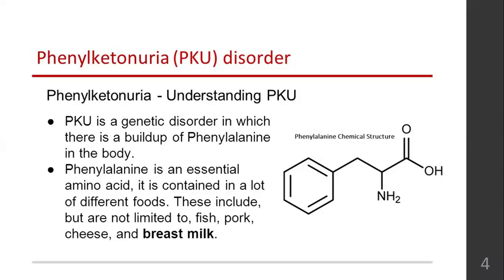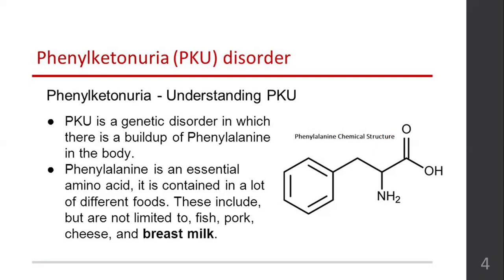So when the body does not have the capacity to produce an enzyme that can hydrolyze phenylalanine, that's when phenylketonuria takes place. With too much phenylalanine in the blood, your kidney is also trying its best to take it out of your blood. So that's why in urine there is too much phenylketones going out of the body.